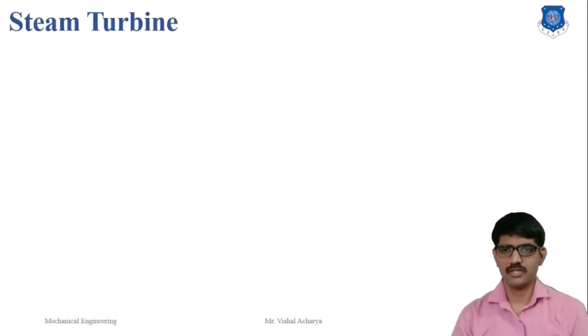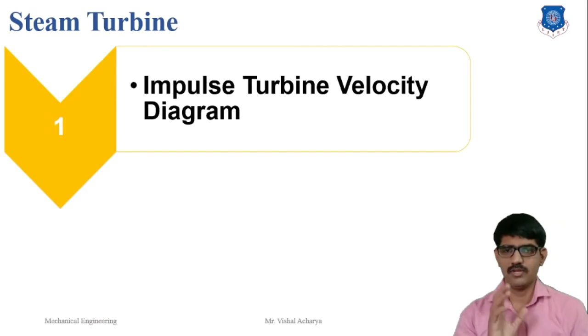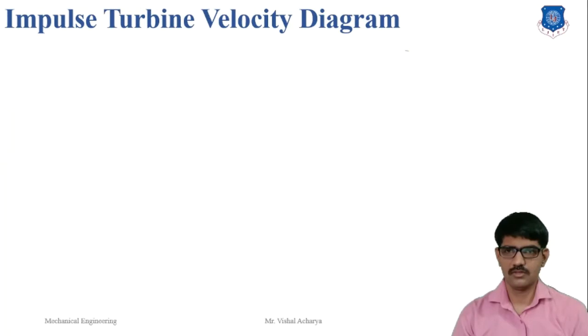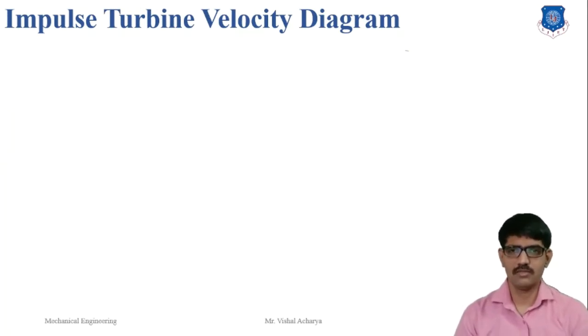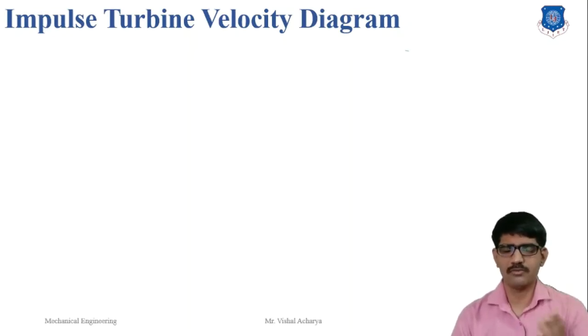Today we will discuss the impulse turbine velocity diagram. Before that, in the previous lecture we understood the basic principle of the impulse turbine. An impulse turbine consists of a number of nozzles, moving blades and fixed blades.